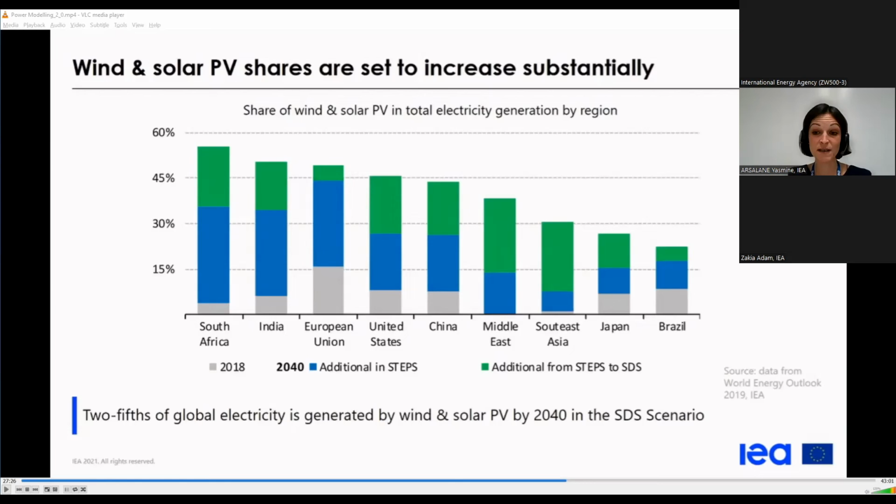So there is some thinking about revising this market design to better reflect the fact that gas is not actually that important in terms of average energy.